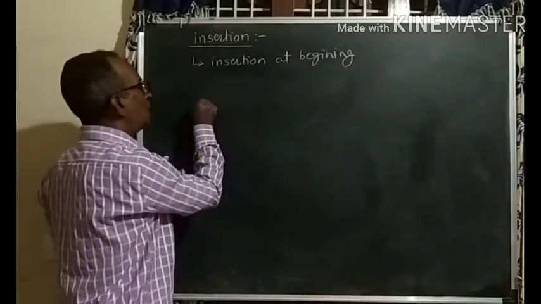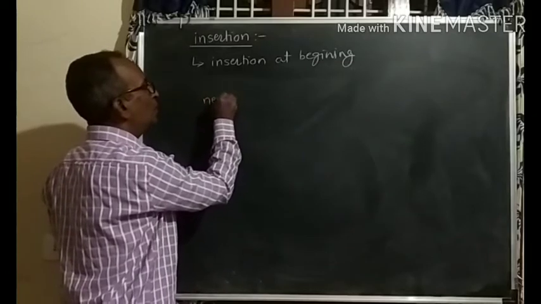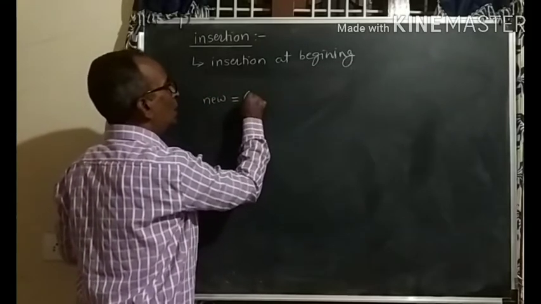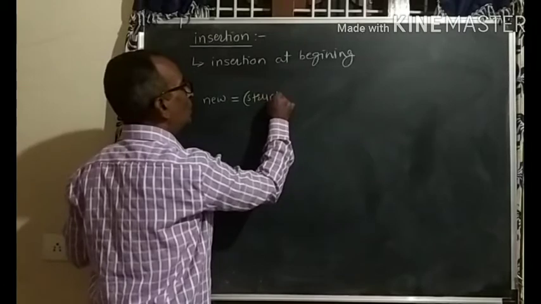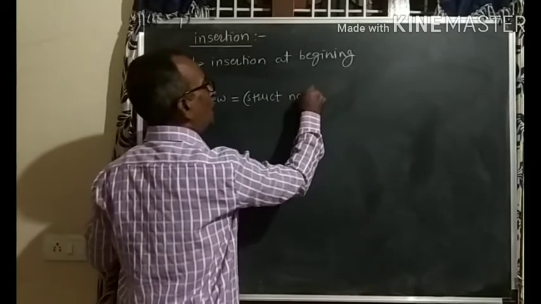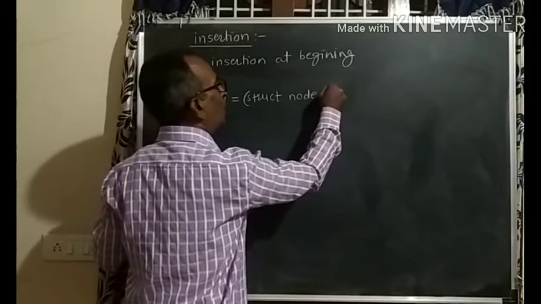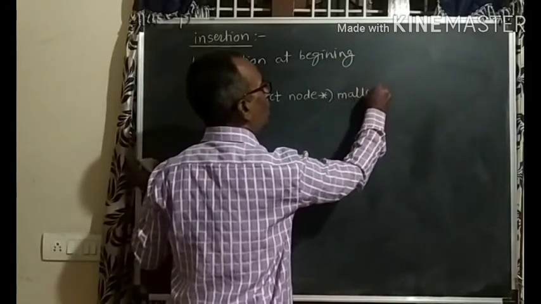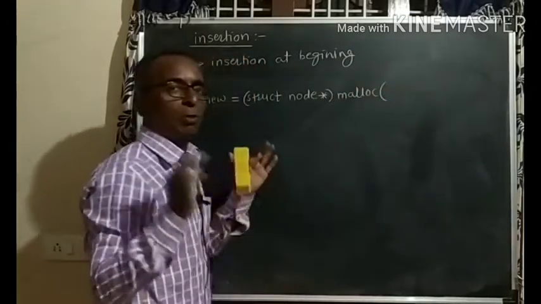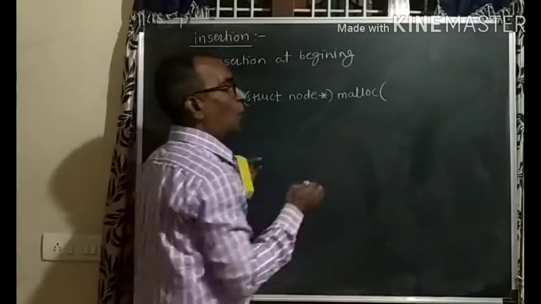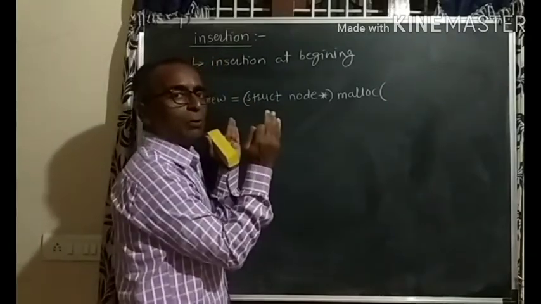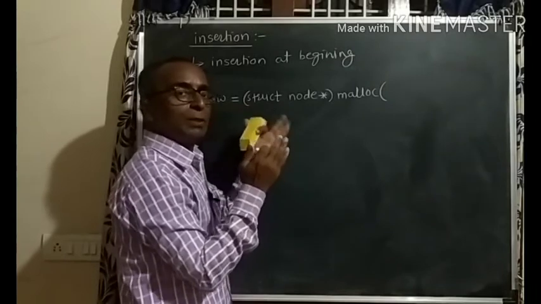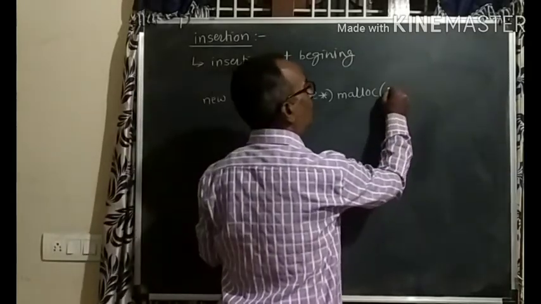First of all, you are creating a new node. How to create new node? We can create new node by means of dynamic memory allocation function malloc, which allocates a block of memory. How much memory are we allocating for a node? That is size of structure, whatever you have defined.